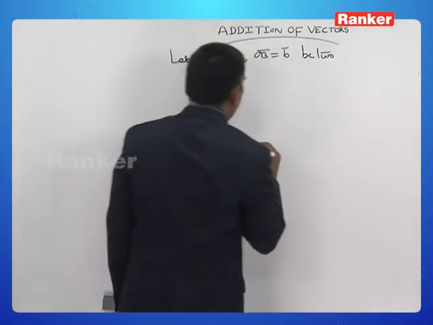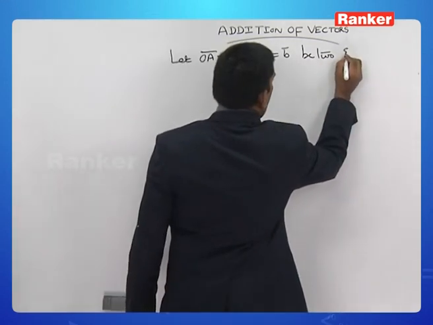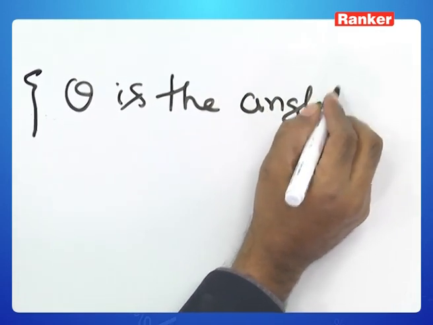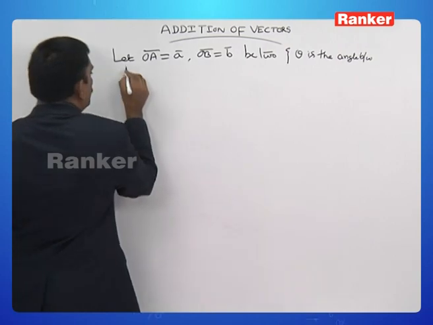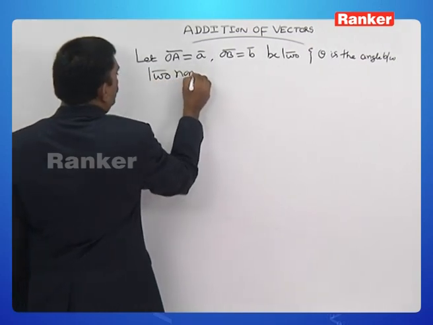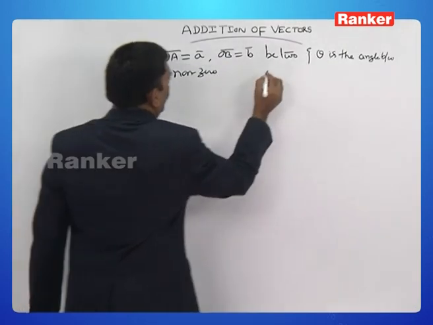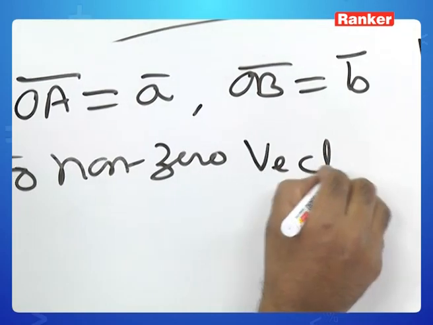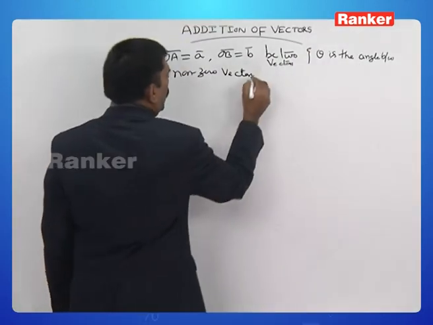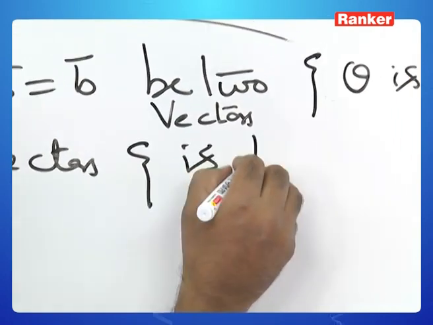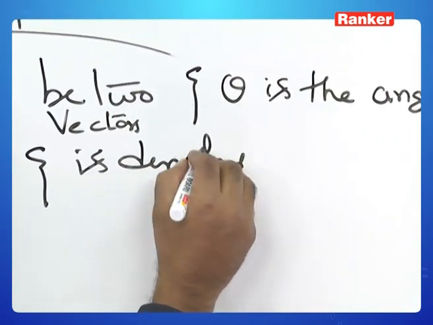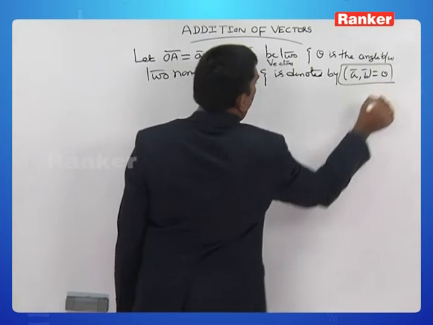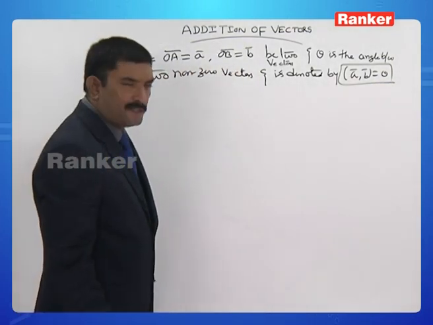Theta is the angle between two non-zero vectors and is denoted by A bar comma B bar is equal to theta.